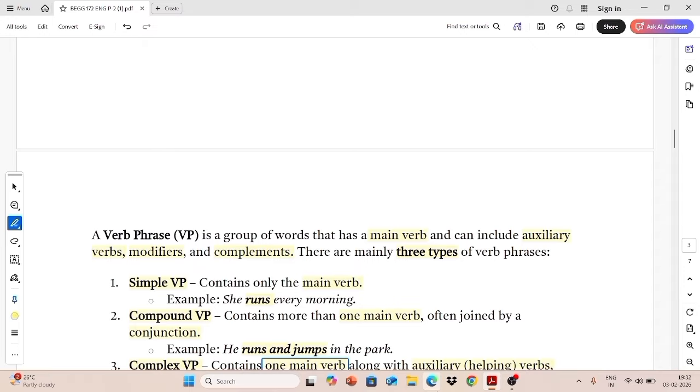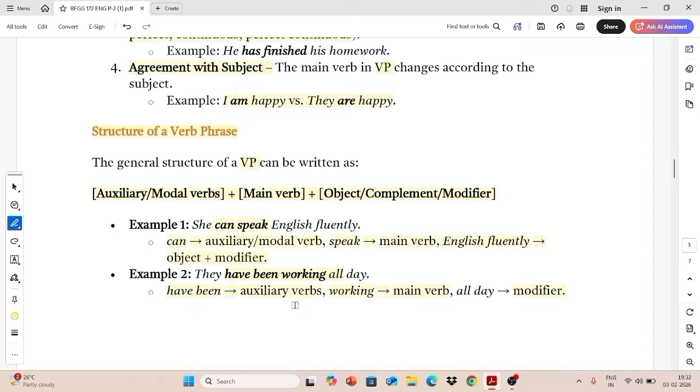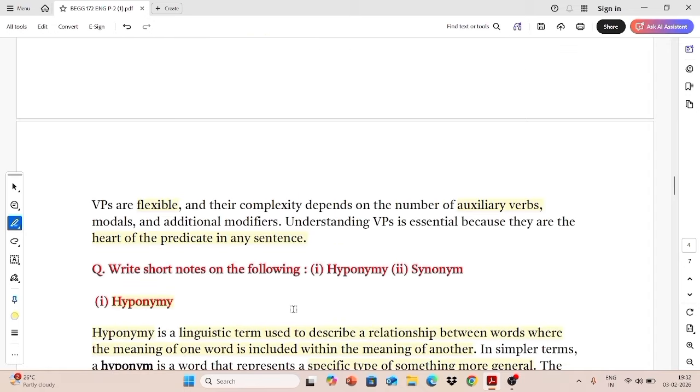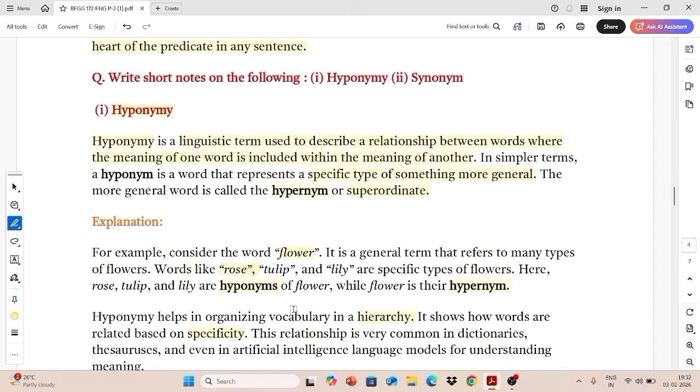So overall, today's session was not just about definitions, it was about understanding how language works. We also discussed the meaning relationships in vocabulary when we discussed hyponyms and synonyms. What are hyponyms? Hyponyms help us understand how words are organized into categories, like rose being a flower.